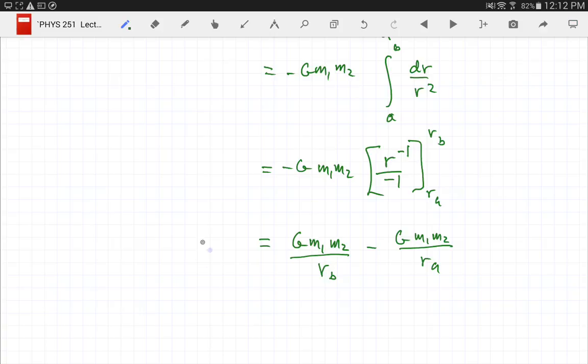Or not potential energy yet, that's work. So that's how much work would be needed to pull the object away. Or excuse me, that's how much work gravity would do. You'd have to do the opposite.